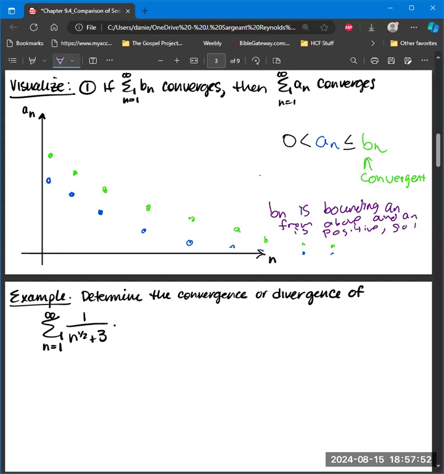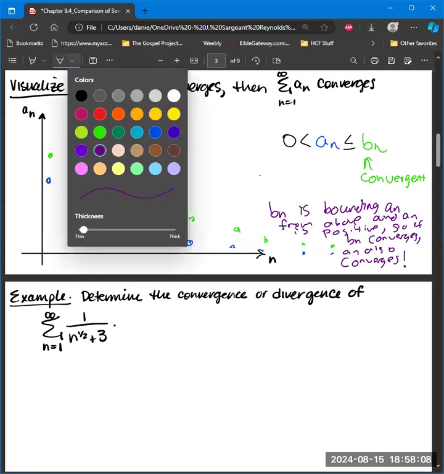So if Bn converges, An also converges, like that. All right, let's move on to the next one.